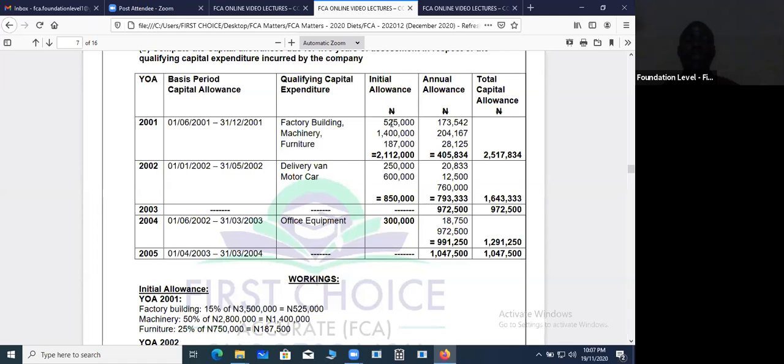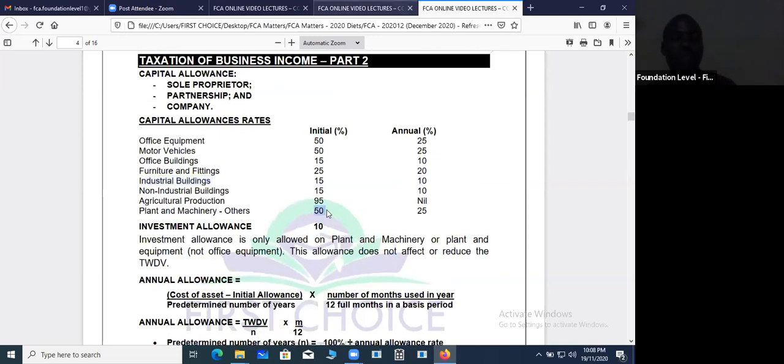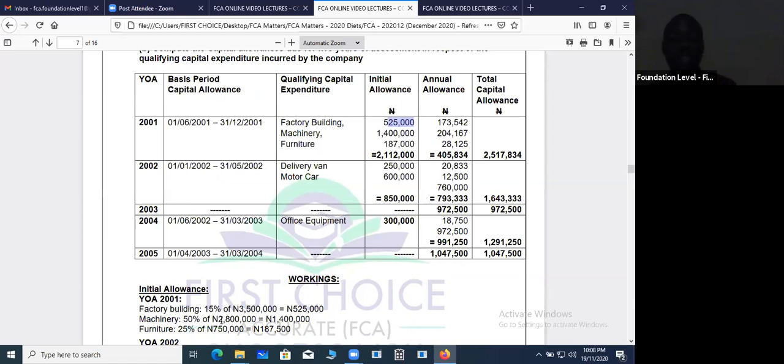So can you see here? We have our 525,000 here. We look at machinery. Machinery is 50%, according to our book. So now you trust what I just did. You look for 50% of the cost, and that gives you 1,400,000. We've written it here.